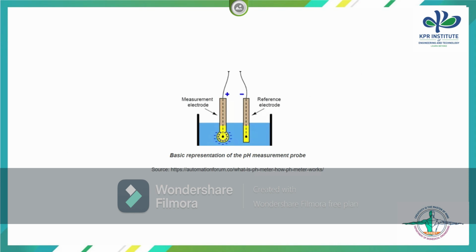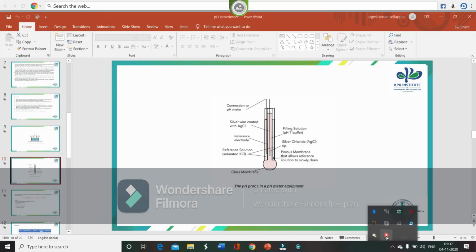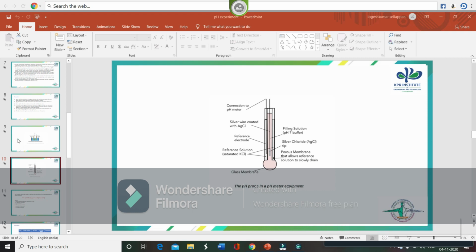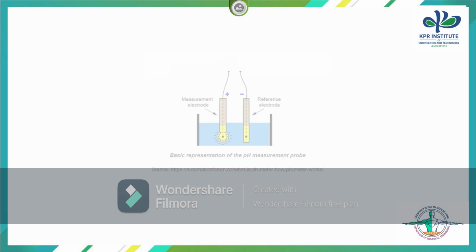Let's discuss the design of a pH meter. pH is defined as the negative logarithm of the hydrogen ion concentration of an aqueous solution.